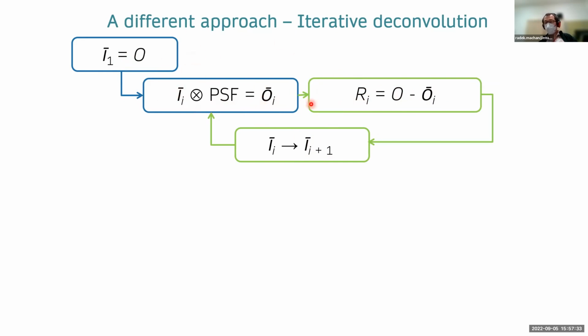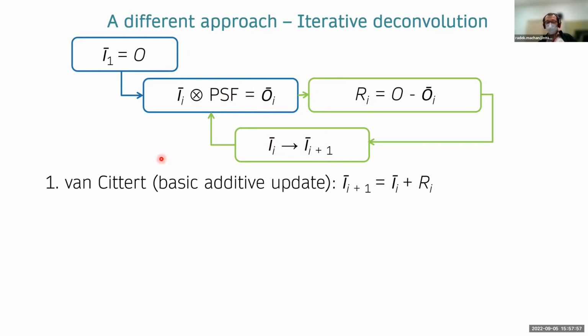And we keep doing it until the residual image becomes acceptably small, until it converges to self-consistence. This is a general scheme for iterative deconvolution, and the different algorithms differ in the way you update the guess of the ideal image.